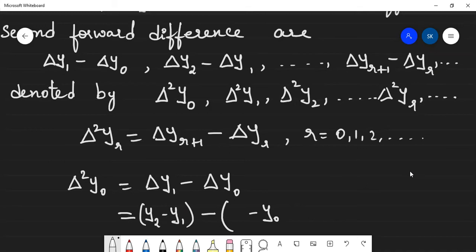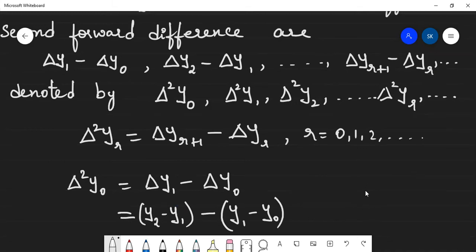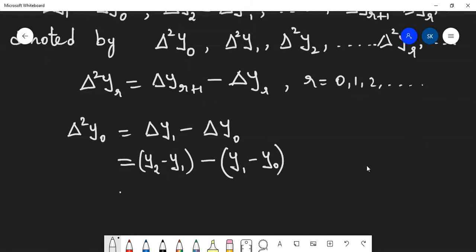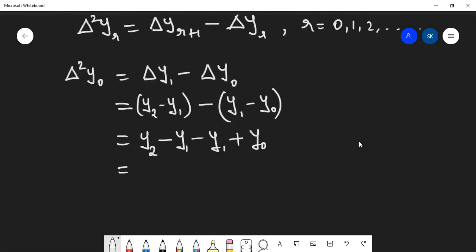One suffix you should increase. So calculate this. If you calculate, you will get y2 minus y1 minus y1 plus y0. So this will be y2 minus 2y1 plus y0. This is the value for delta square y0.